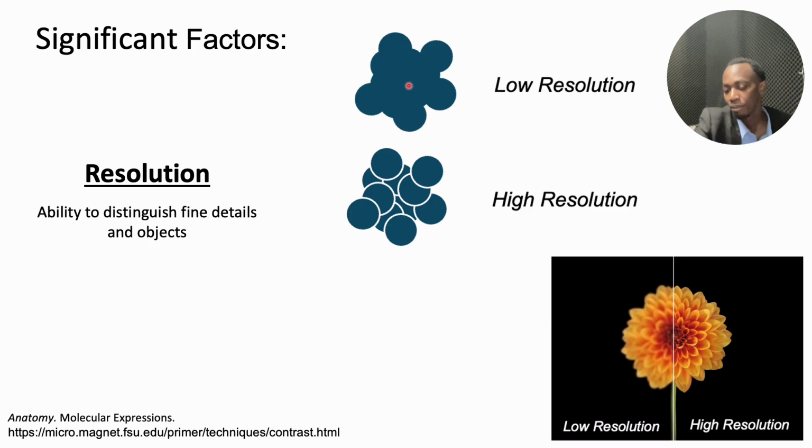You can't really tell them apart. In microscopic imagery, you need as high resolution as possible because that's the only way to tell apart very closely neighboring objects, as shown in this very sharp, high resolution image, while this is a low resolution image.